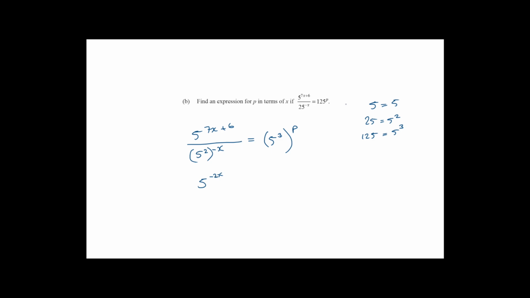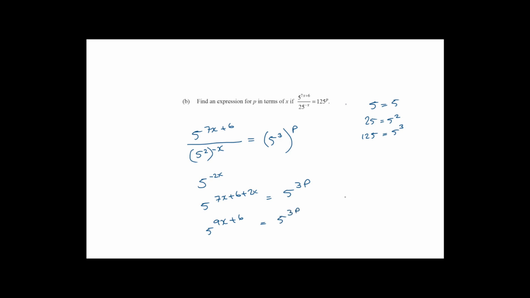So we add 2x to both sides. It's going to be 7x plus 6 plus 2x, to bring it from the bottom to the top, equal to 5 to the power of 3p. Now we're starting to get somewhere. So 5 to the power of 9x plus 6 equals 5 to the power of 3p.